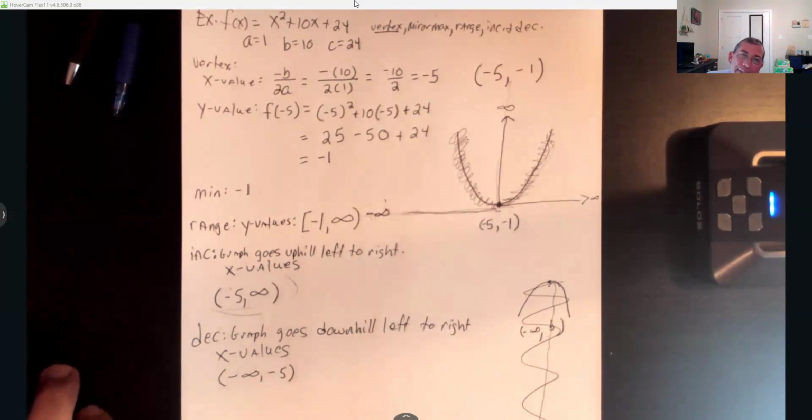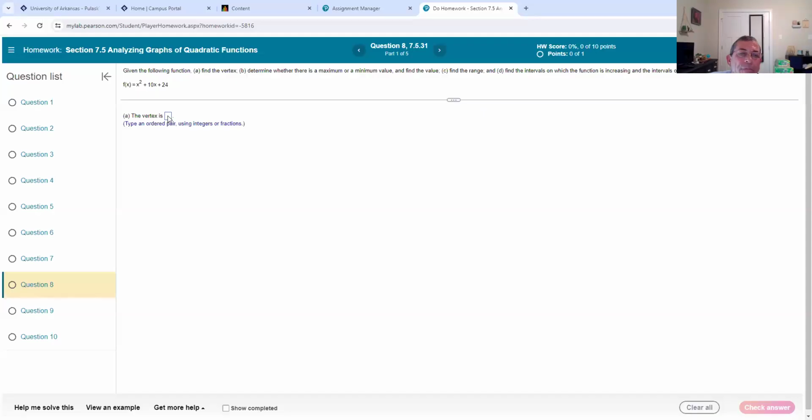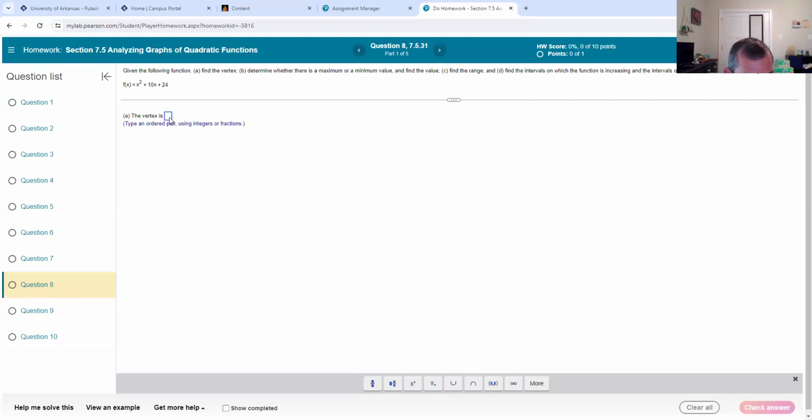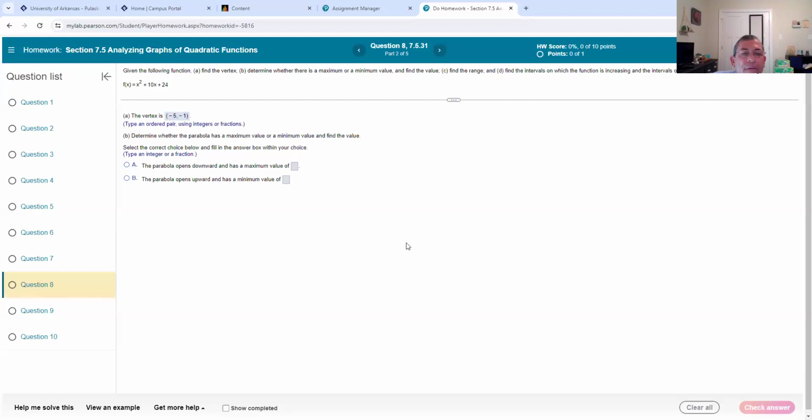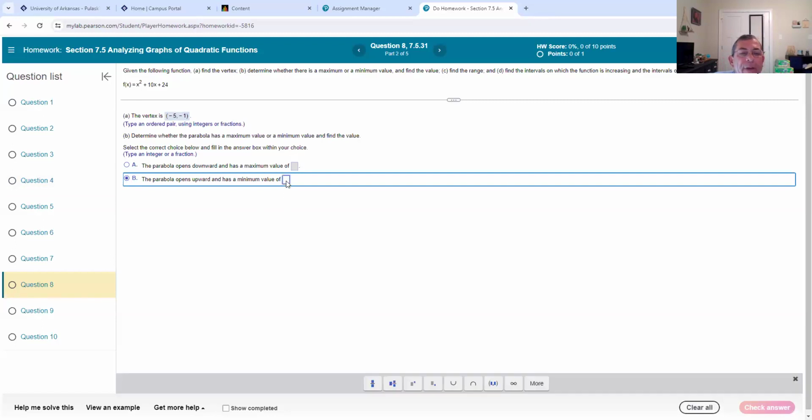All right, y'all, so let's go put this in the math lab and see what it looks like. So we've got to do our vertex again. So remember, that's going to be in parentheses. And we got what? -5, comma, -1. Then we said we had a minimum because our A was positive, so we would come to B, and it had the minimum value of that -1.